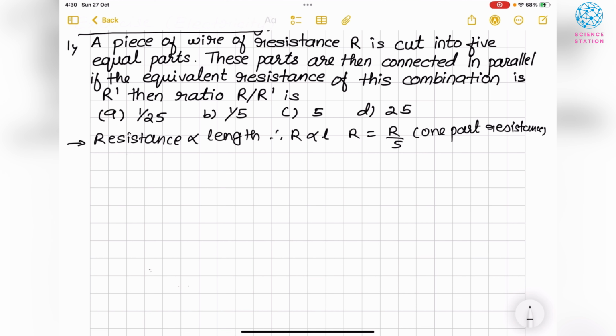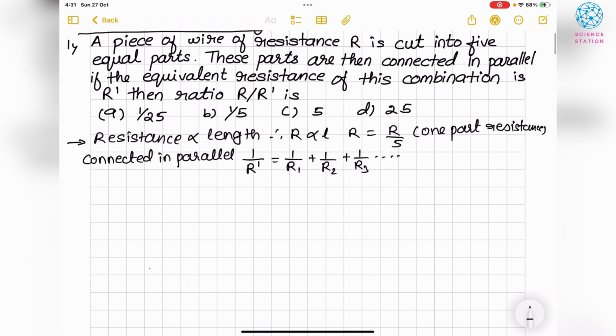Now they are connected in parallel. So I can say 1 upon R dash, that is parallel, equal to 1 upon R1 plus 1 upon R2 plus 1 upon R3, and so on.